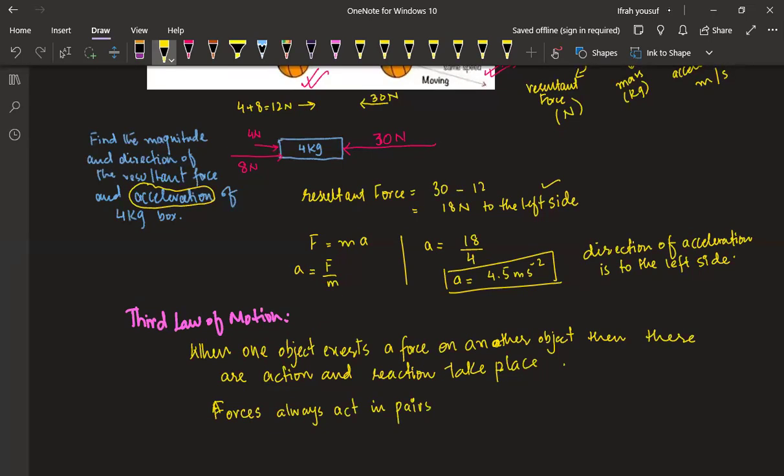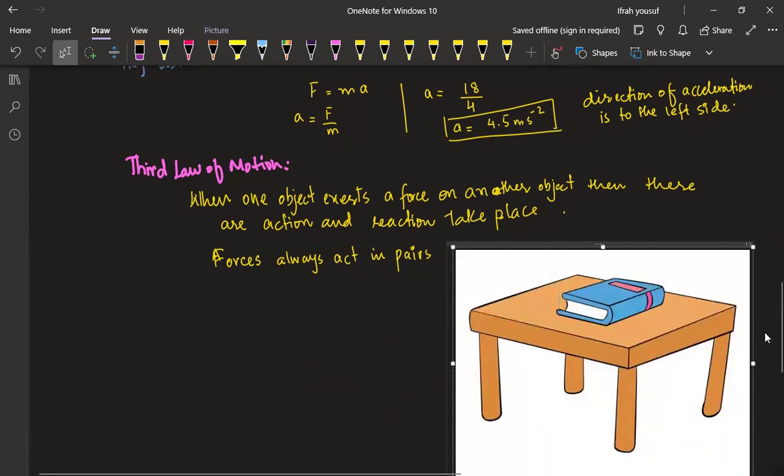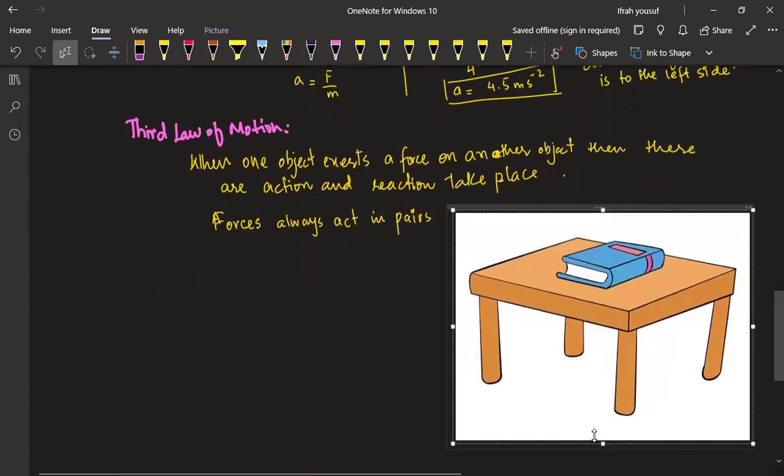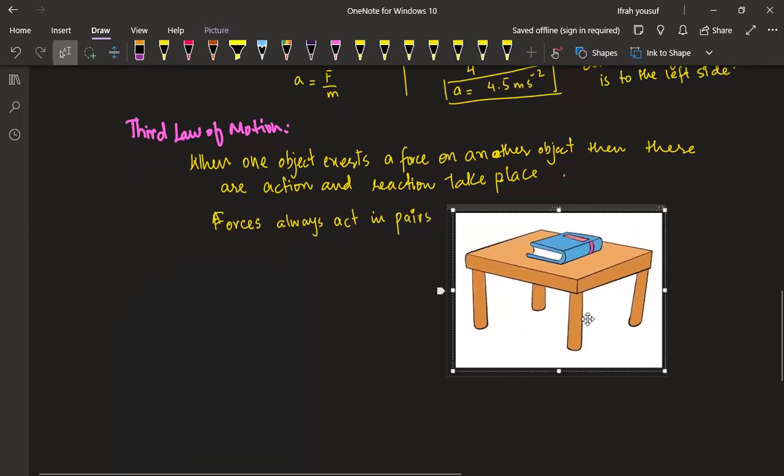That means if you keep a book on the table, what will you observe? The book is placed on the table. How can you observe the different forces?